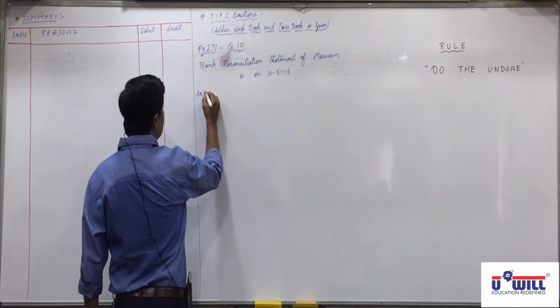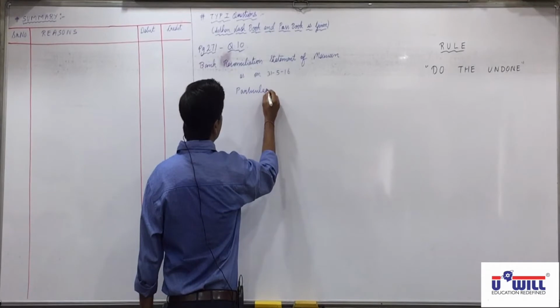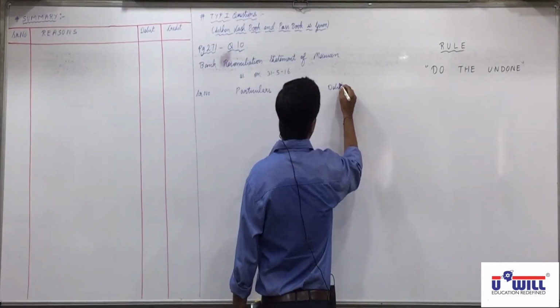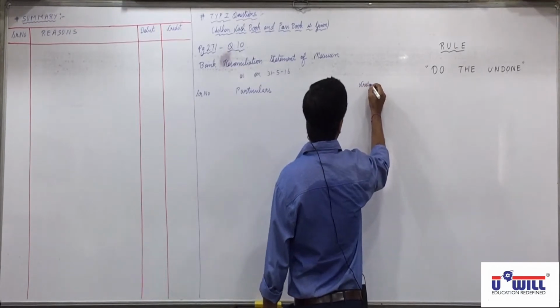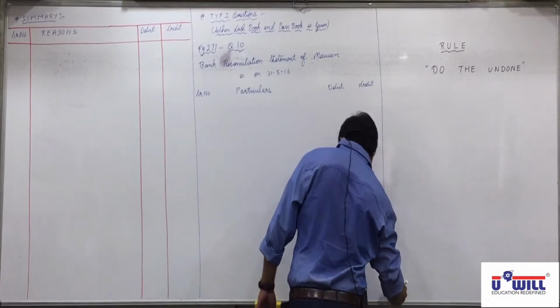Columns will be serial number, particulars, debit and credit. Make these columns.